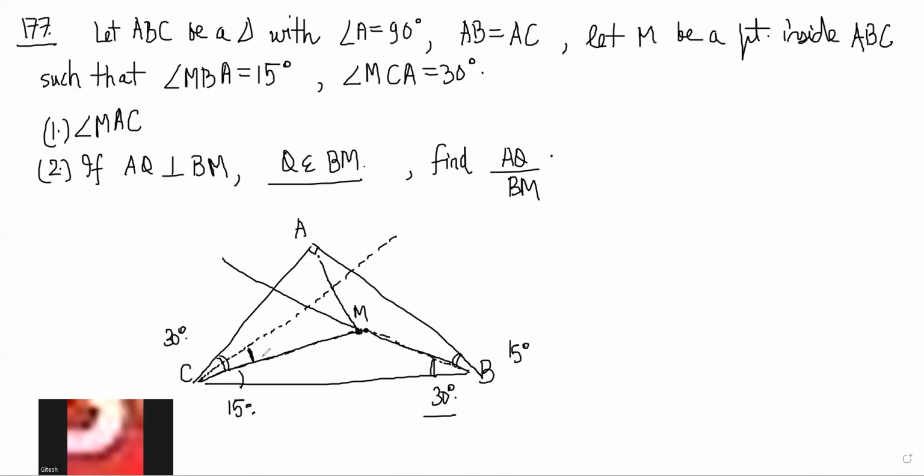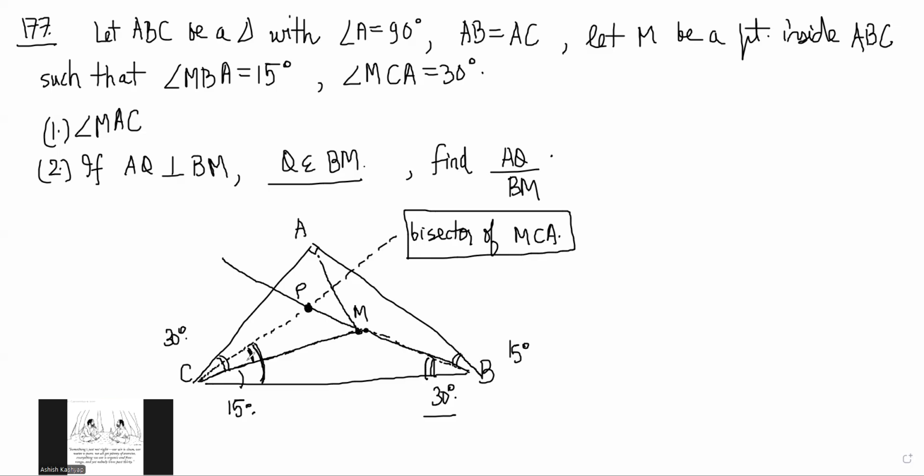And then the total angle here would become 30, right? And then wherever it intersects here, this triangle is isosceles because this much is 30. So if you call this point P and this line is bisector of angle MCA, then I'm getting triangle PCB is isosceles, right?